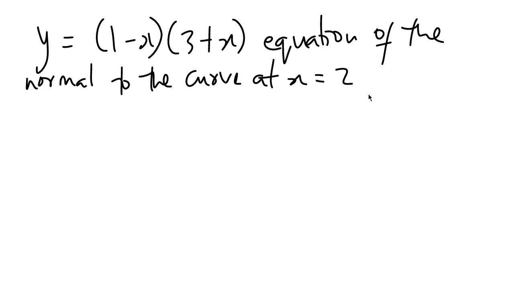And remember that in order for you to get any of these equations, you must get your y₀. And to get y₀, substitute x = 2 in the original function.